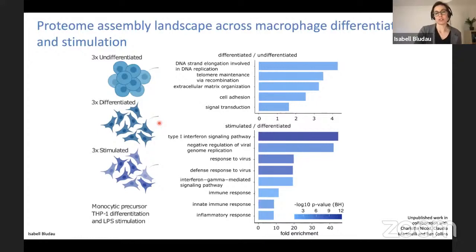And upon stimulation, we see that pathways related to immune response and to virus infections are highly enriched, which is confirming that our experiment should actually have worked.